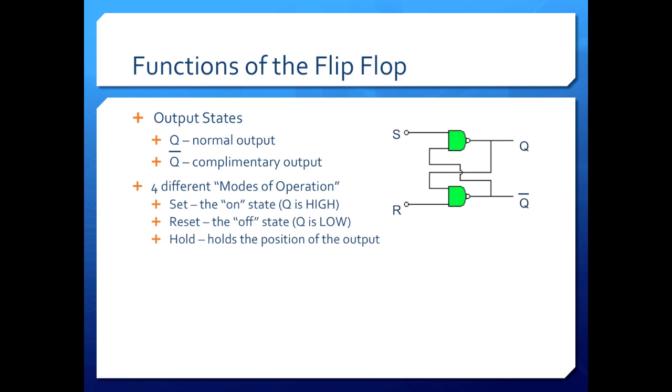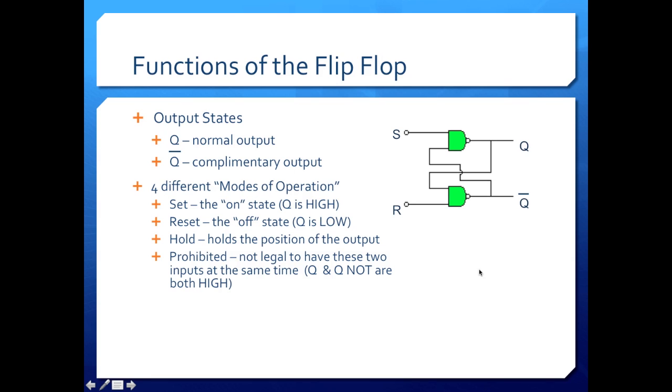The next state is called the hold state, and again, this is describing the position of the output, which is the same as the previous state. So whatever previous state was there, if it's the same after a change of inputs was made, then we call that the hold state. And the last state we call is the prohibited state.